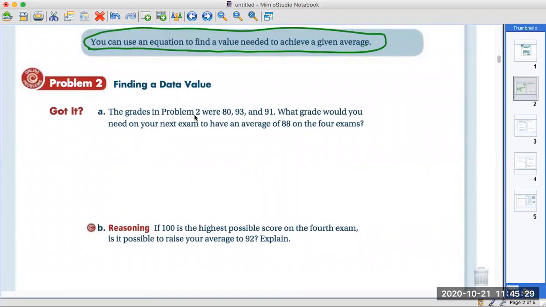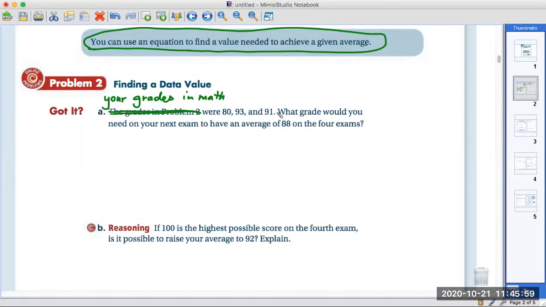That's what the computer will do. But here's how we do it by hand, right? Finding a data value, the grades. Oh, you know what? This book sometimes doesn't explain the parts. So there's nothing given in problem 2. So I'm crossing that out and calling them your grades in math.